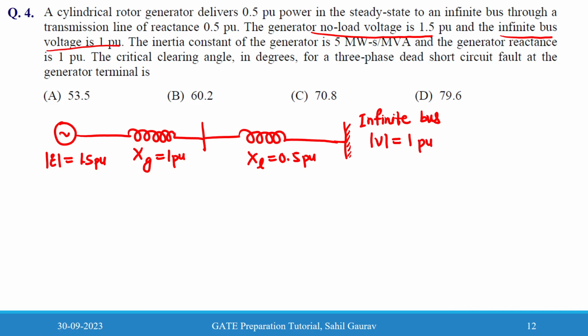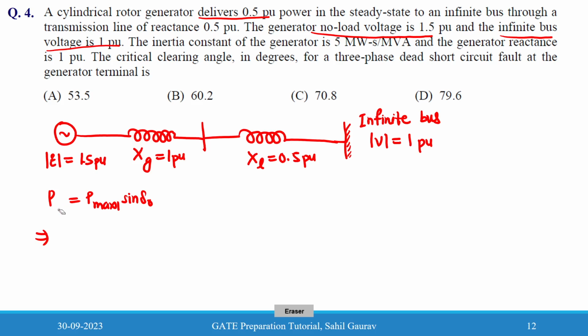So here we will find the initial angle. Electrical power is equal to P max 1 sine delta naught. The electrical power is given as 0.5 per unit, so it is delivering 0.5 per unit power.